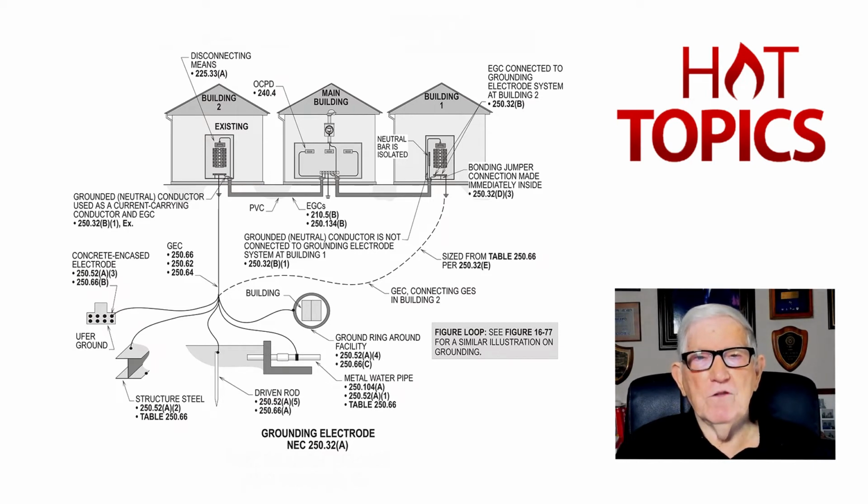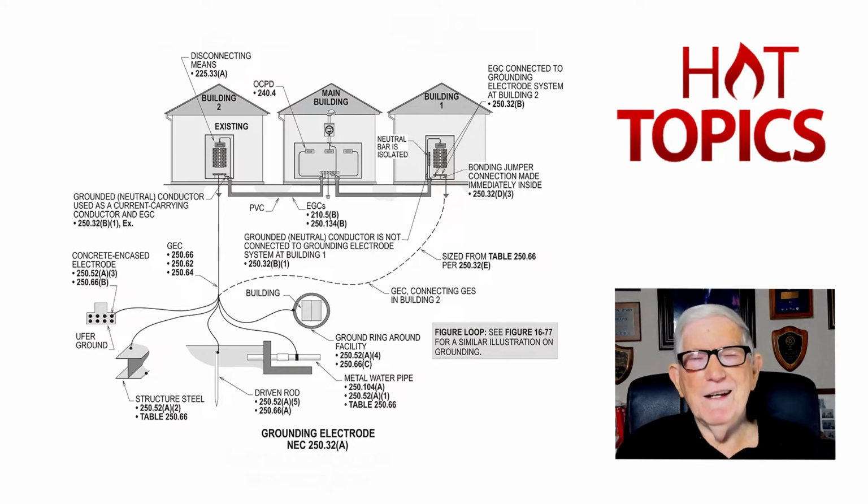Now, you'd calculate the neutral load, you'd size the equipment ground based upon the overcurrent device in the main building for the equipment ground, connected into the earth ground, just as you see in the illustration, and you'd use the larger of the 2. For example, and we're just using an example, say you had a 225 amp main in the main building. You route that equipment ground over to building 1, then the 225 amp main per Table 250.122 in this revised edition would require a number 4 equipment ground.